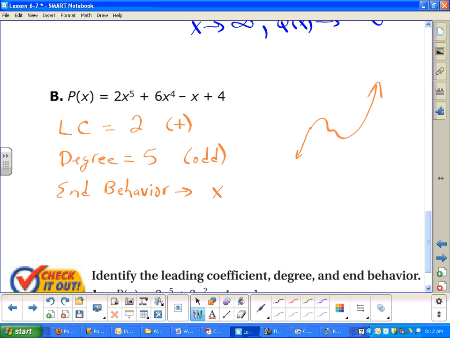So as x approaches negative infinity, if you have problems with the infinity symbol, you can always turn your paper sideways and write an 8 if you needed to, because that's kind of what it is. So as x approaches negative infinity, p of x, in this case, approaches negative infinity. It goes down. As it goes to the right, it's going up.